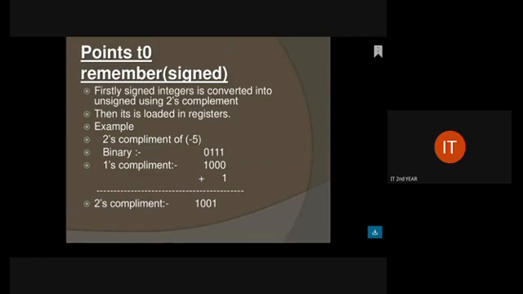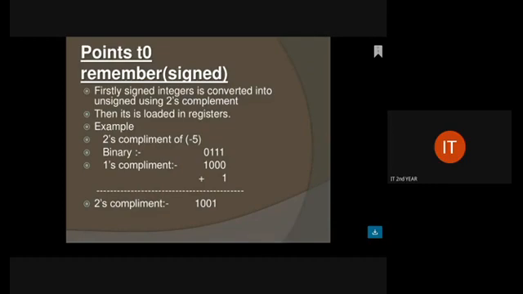One more thing we need to understand is that till now we have discussed non-signed integers, that is, unsigned integers. Now we are going to see signed integers, that is, negative integers. Whenever we deal with signed integers, we have to convert them into unsigned form, using 2's complement, and this 2's complement value will be loaded into the register.